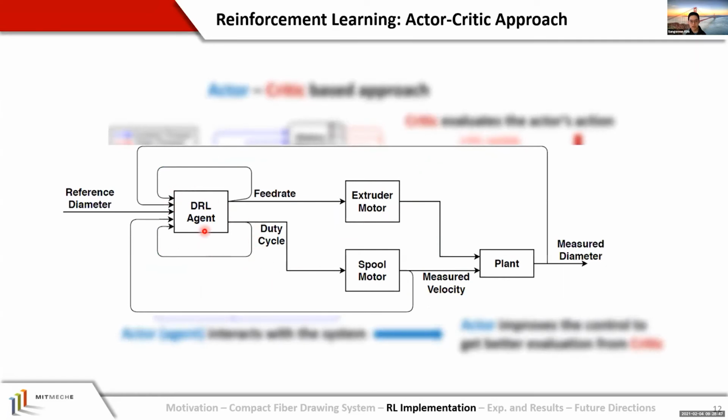The actor, the DRL agent, takes the reference diameter and all the measurements from the environment, like measured diameter and measured velocity. Then it computes the extruder's feed rate and the spool motor's duty cycle. Then these control inputs are exerted on the system, and the measurements such as diameter and velocity are fed back into the DRL agent.